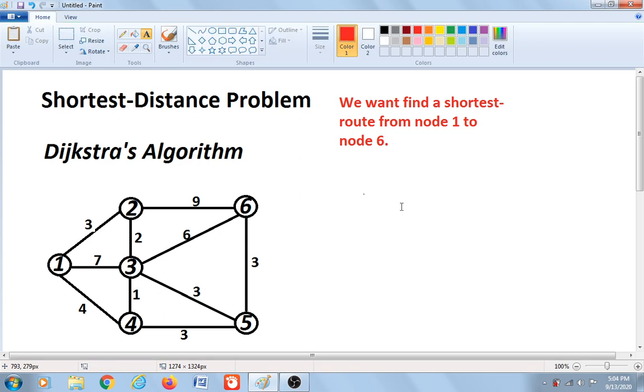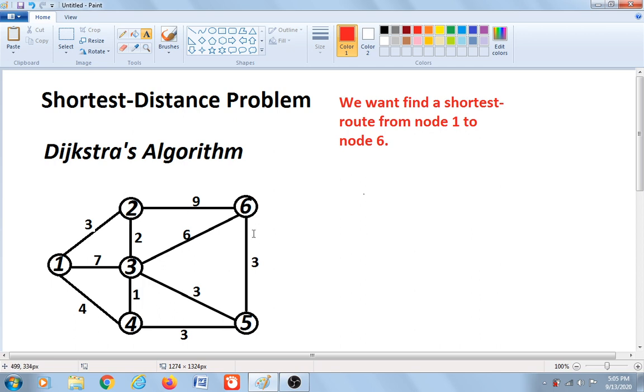Okay, that's what we want to do. And the number along the arc is the distance. So we have number 3 over here. That is the distance between node number 1 and node number 2. And another example, we have number 9 over here. That means the distance between node number 2 and node number 6.